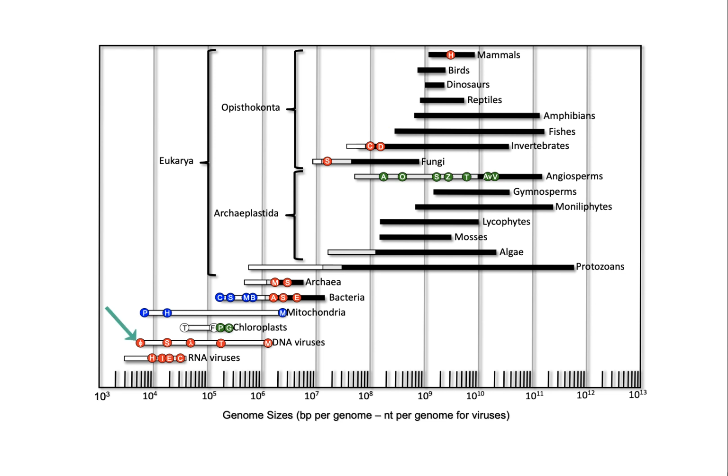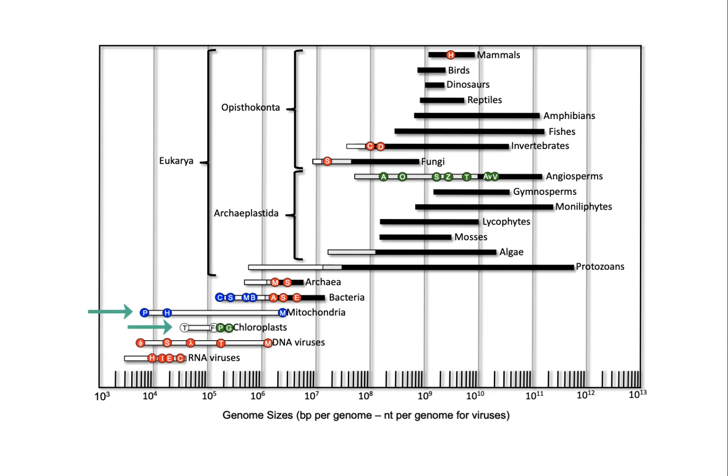Each one of these little circles with a letter in it, those are some genomes that I'll be discussing in the next several presentations. Also on this diagram, all of the bars here that are white, those all indicate organisms that require other organisms for their survival. So the viruses are obligate parasites.